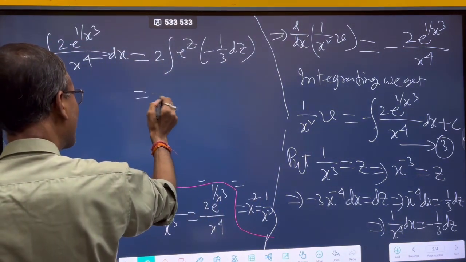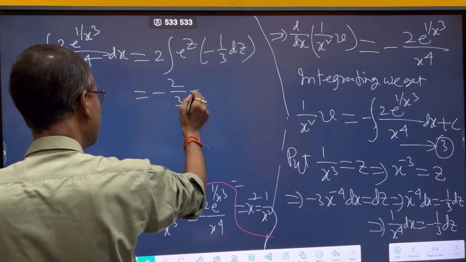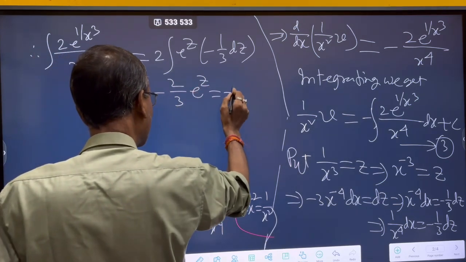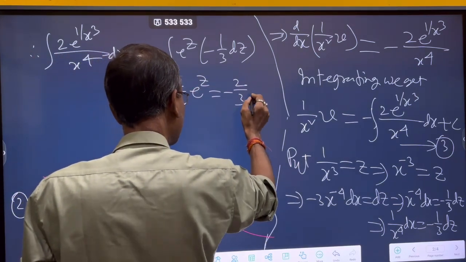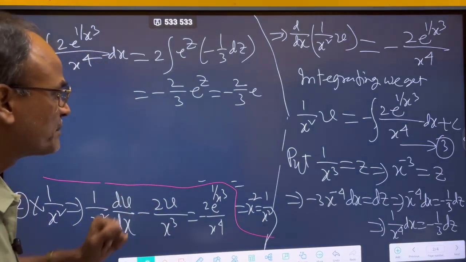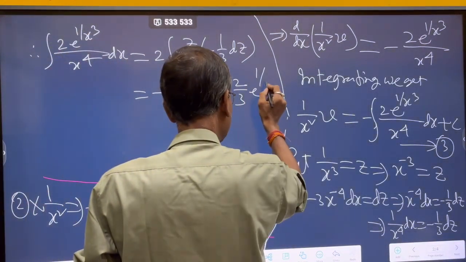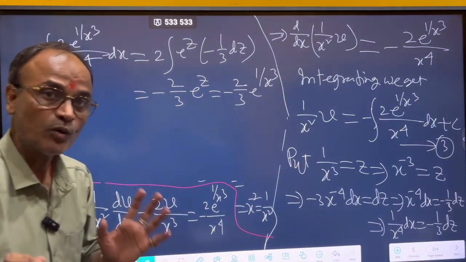This is equal to minus 2 by 3 e to the power z, equal to minus 2 by 3 e to the power, what is z? Z means 1 by x cube.